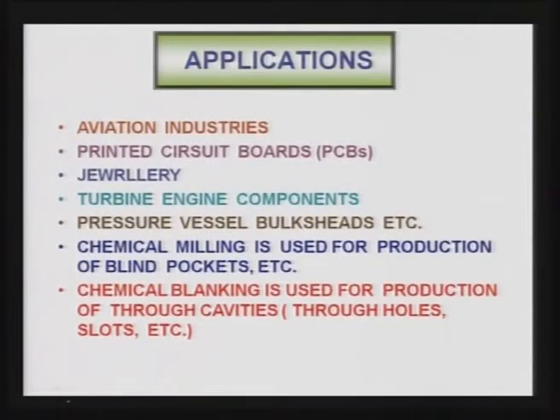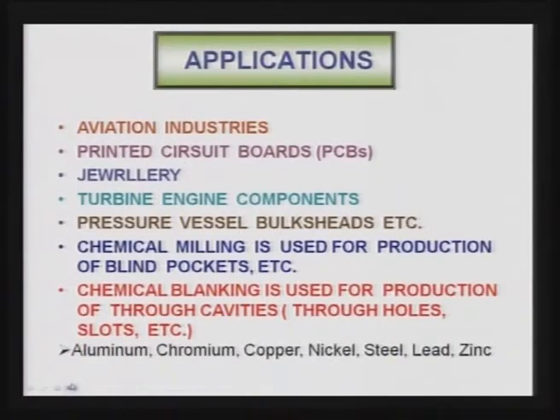Chemical blanking is also done, and it is used for production of through cavities, through holes, through slots, and through complex cavities can be made by the use of chemical machining.